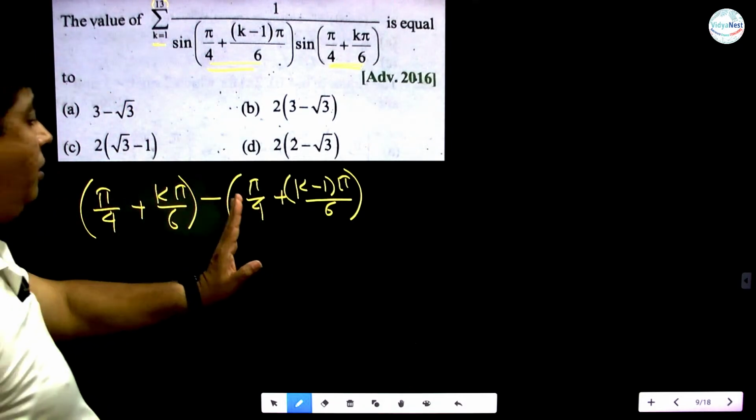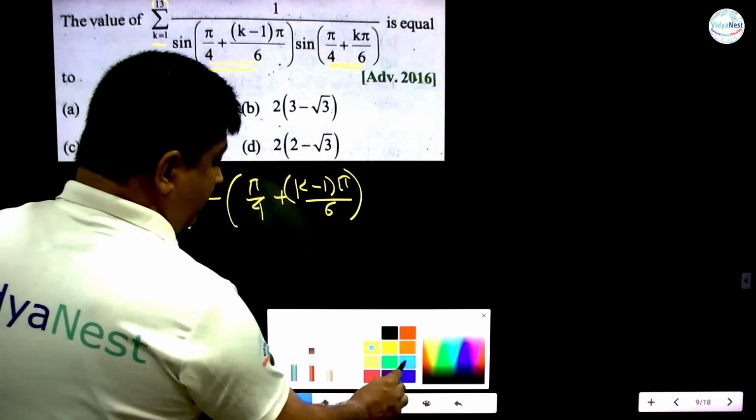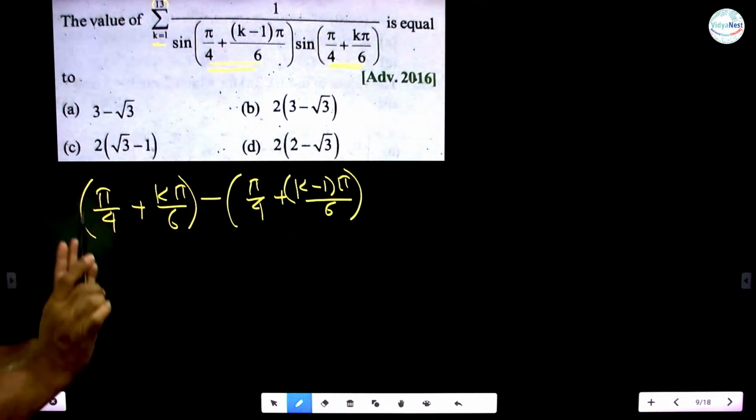Now what is our role? Remove the brackets. It is a colorful sum really, so different color is being used.